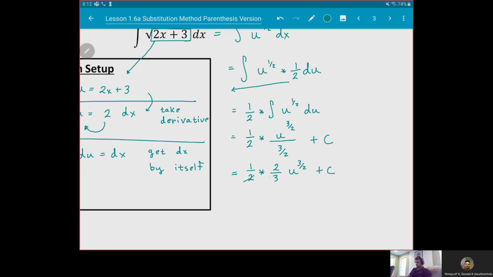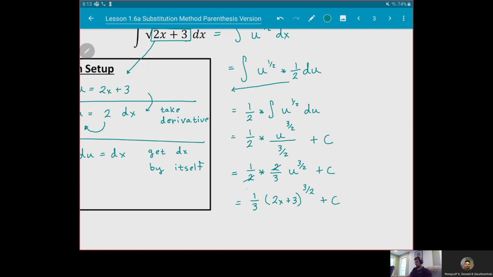The 2's are going to cancel out, so this is going to equal 1/3. And I'm going to go ahead and plug my 2x plus 3 back in to convert it back over into the letter x.